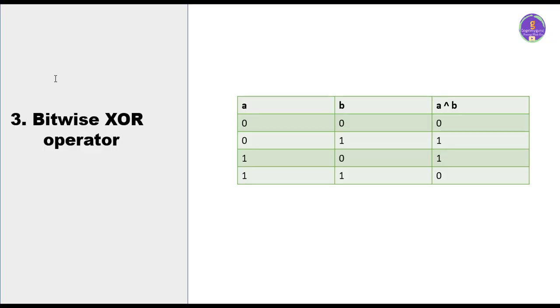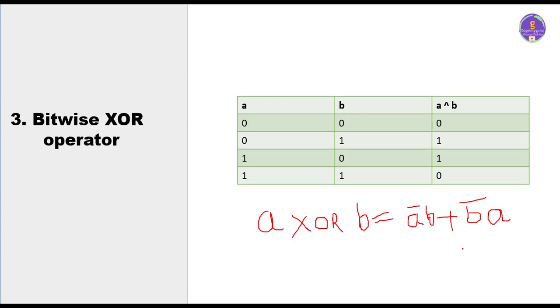So next let us discuss the Bitwise XOR operator. I hope all of you know the XOR operation. What is XOR operation? Suppose we have two variables A and B. So A XOR B will be A bar B plus B bar A. So this is the XOR operation. You can see here 0, 0.